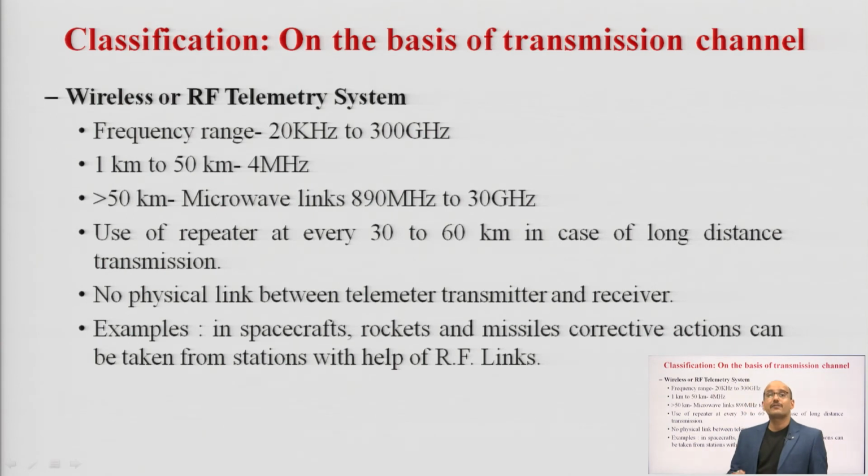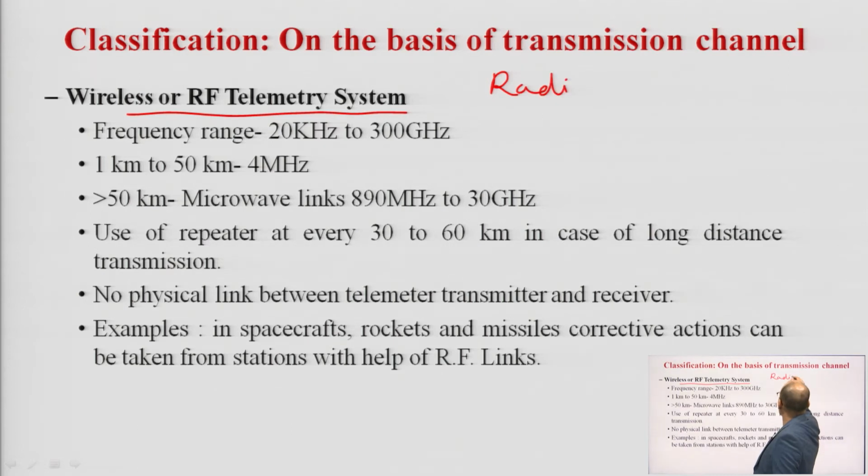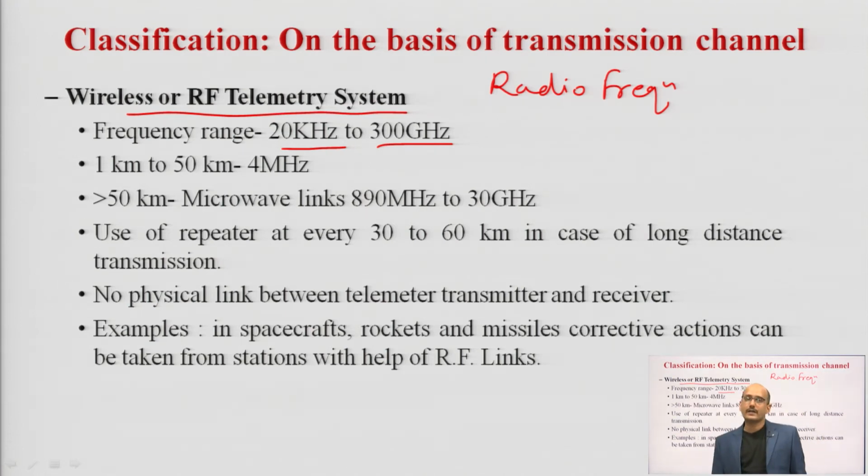Now, when we are considering the wireless medium or RF telemetry system, it means you are going to use a radio frequency channel, between the range of 20 kilohertz to 300 gigahertz as per the requirement. If you are using the satellite telemetry system, this may be towards the gigahertz side, because in satellite communication you are going to use microwaves.